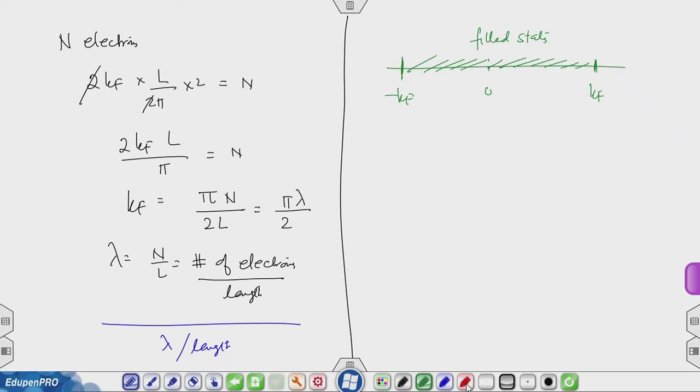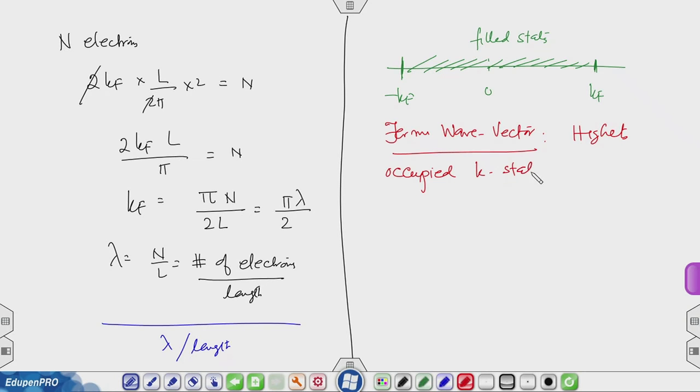So, I have defined for you something called the Fermi wave vector, which is the highest occupied k state wave vector. The corresponding energy is known as Fermi energy, which is energy for kf.